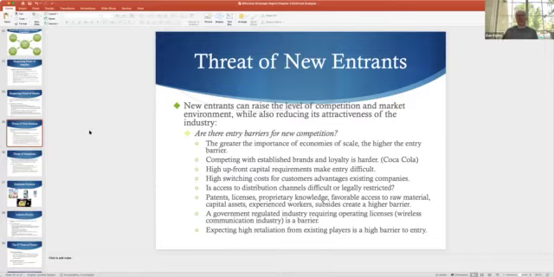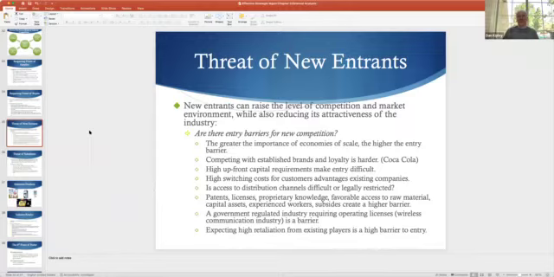Third one, if to enter into this industry, there are high upfront capital requirements, that will be a barrier. Another one, those customers within this industry, for them to switch from one company to another company, there's a switching cost. They're going to be reluctant to switch. So a new entrant coming in, that's going to be a barrier for them as well.